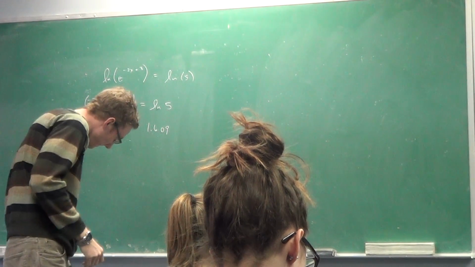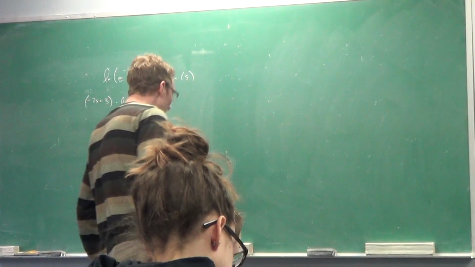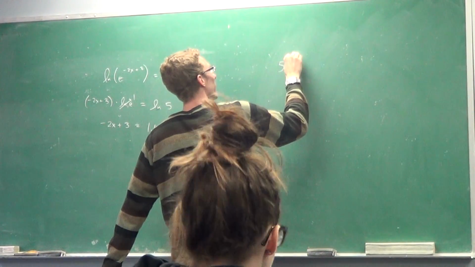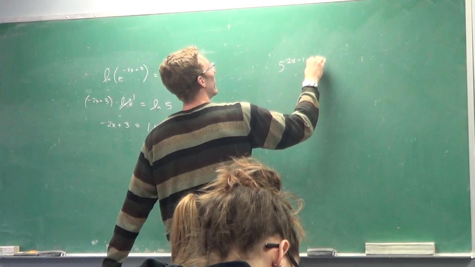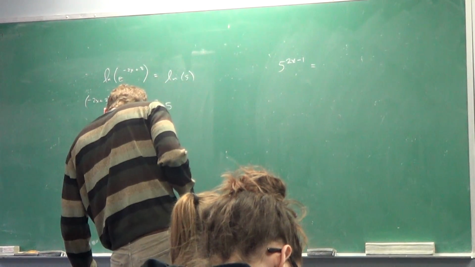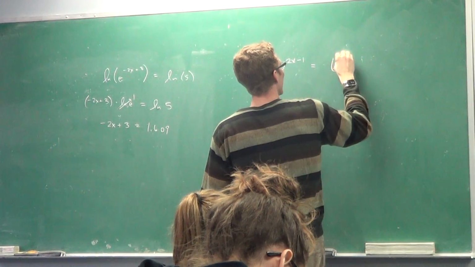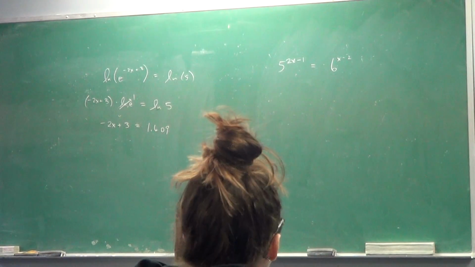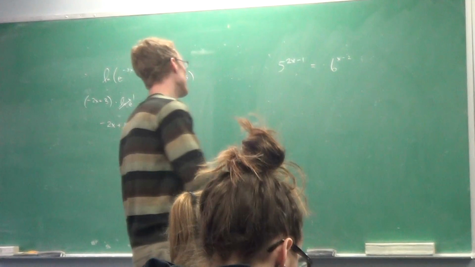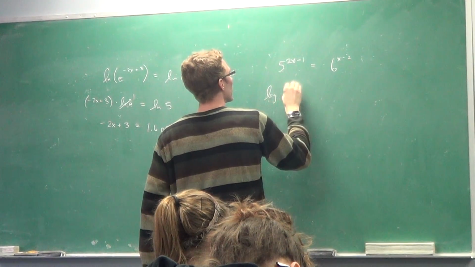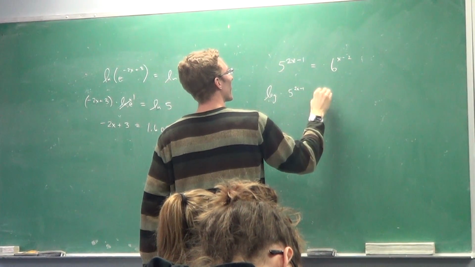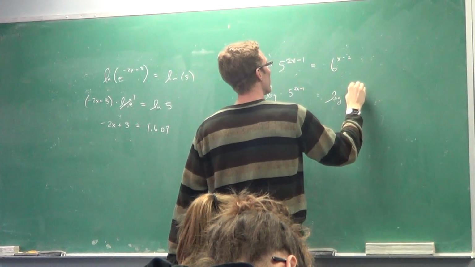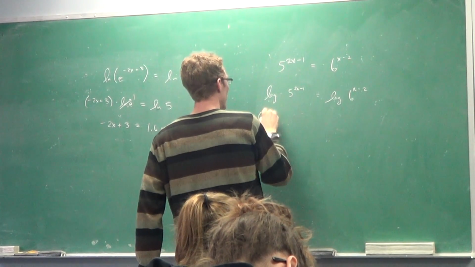What about this guy? 5 to the 2x minus 1 equals 6 to the x minus 2. Take the log of both sides. It's going to bring the power down.